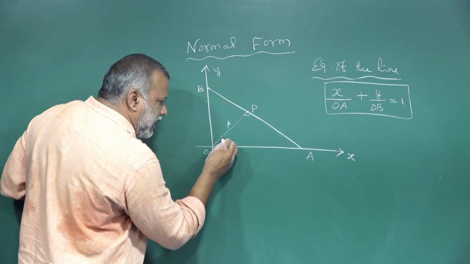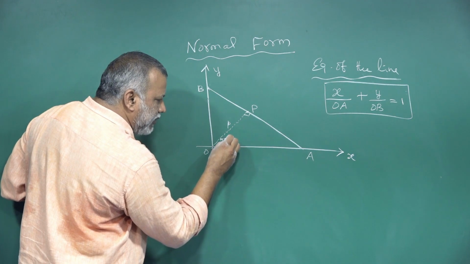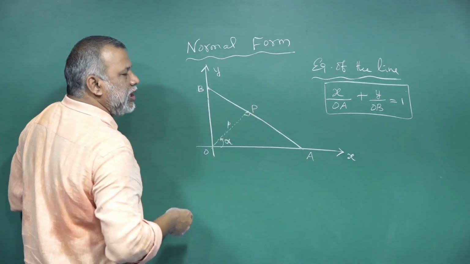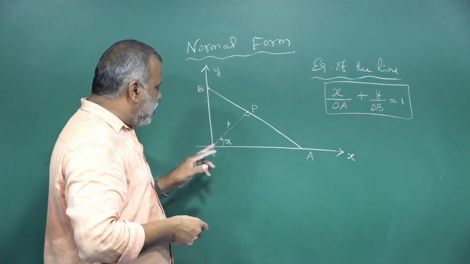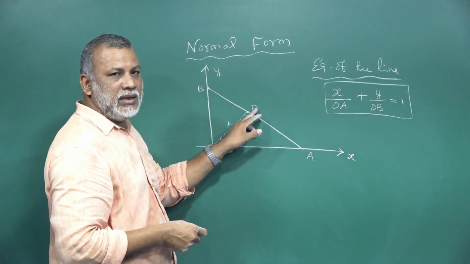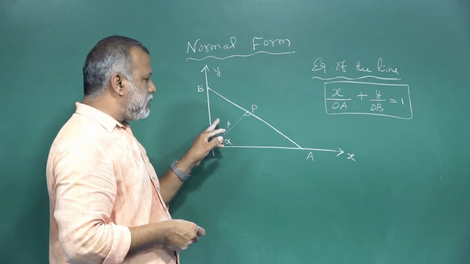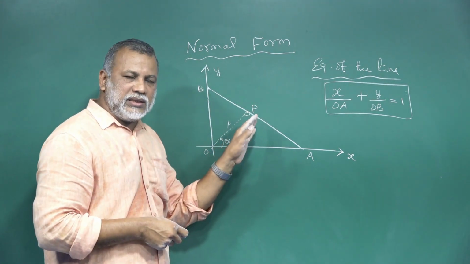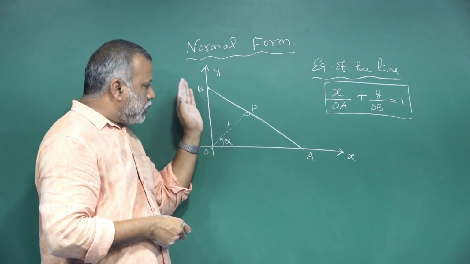It makes an angle alpha here. This is perpendicular, and perpendicular is nothing but the normal form. So here OP is the length of the perpendicular, the distance from the origin to P is small p. It is the length of the perpendicular from the origin to this straight line.